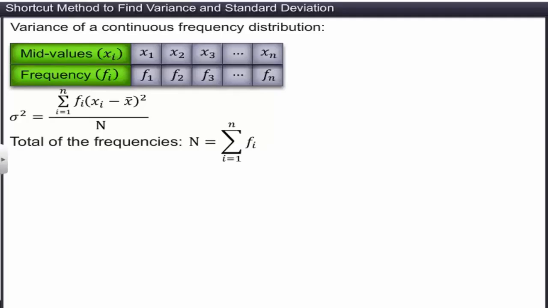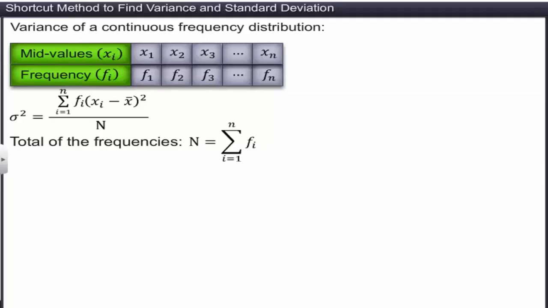Many a times, the values of xi in the discrete frequency distribution or the mid-values in the continuous distribution are large. In such cases, we end up doing heavy calculations to find the mean, variance, standard deviation, and so on. To avoid such tedious and time-consuming calculations, we use the step deviation method by working with an assumed mean.